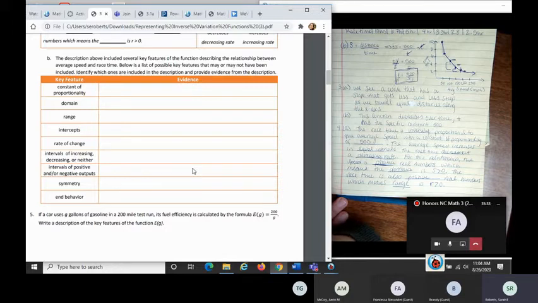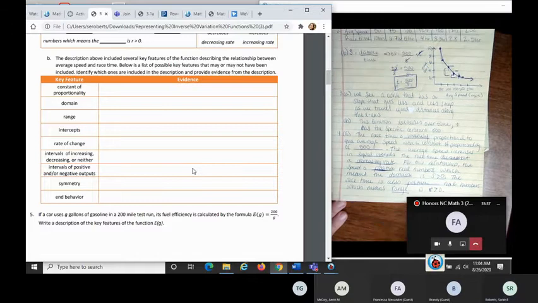What about number 5? What do you guys think about number 5? Number 5 is kind of like what we did in number 2. Yeah, it is kind of similar because we have a distance, right? 200 miles.